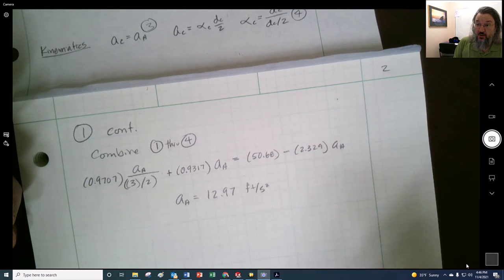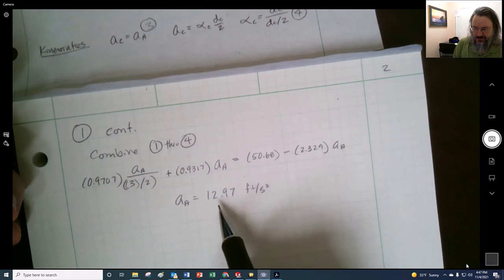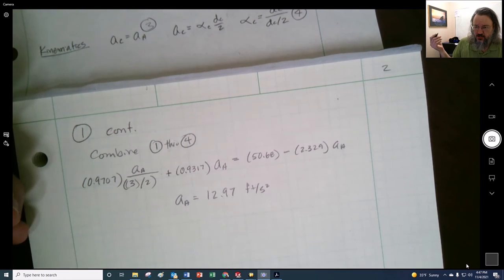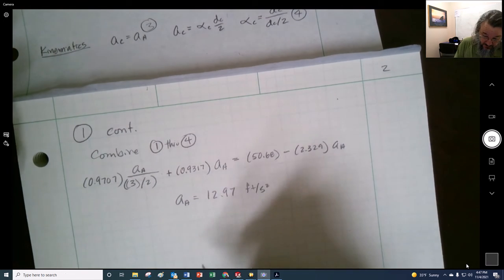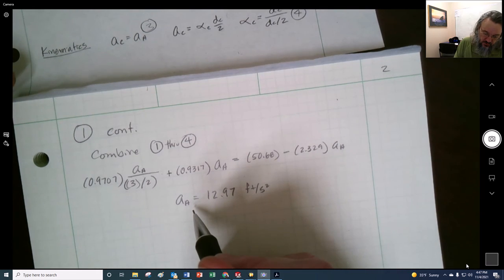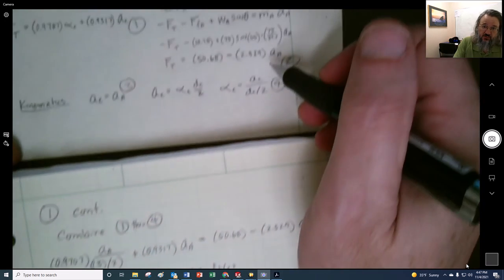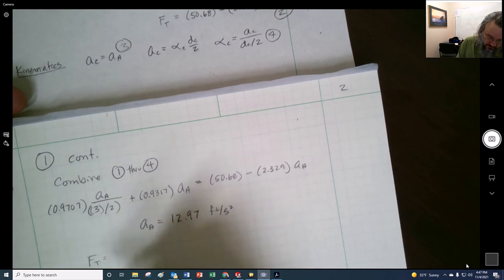Now, make sure you realize that anytime you have feet per second squared, you can compare it to gravity. So it's a fraction of gravity. You can see that makes sense, because it better not be going faster and have more acceleration than gravity. Now we can go back and put this into, probably the easiest, equation 2, so we can find what the tension is going to be.